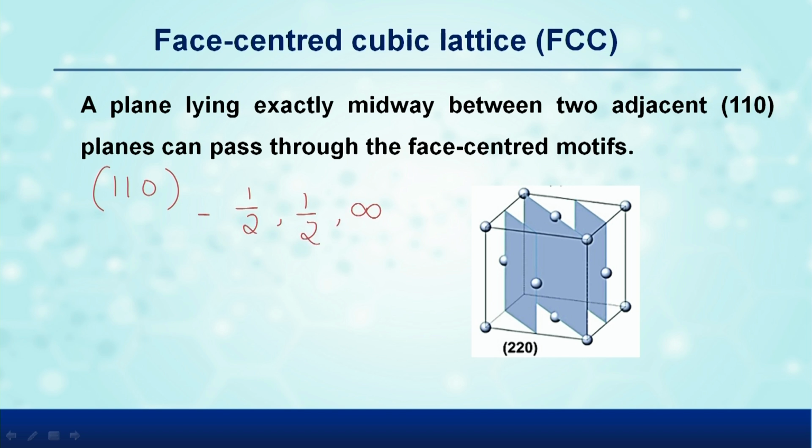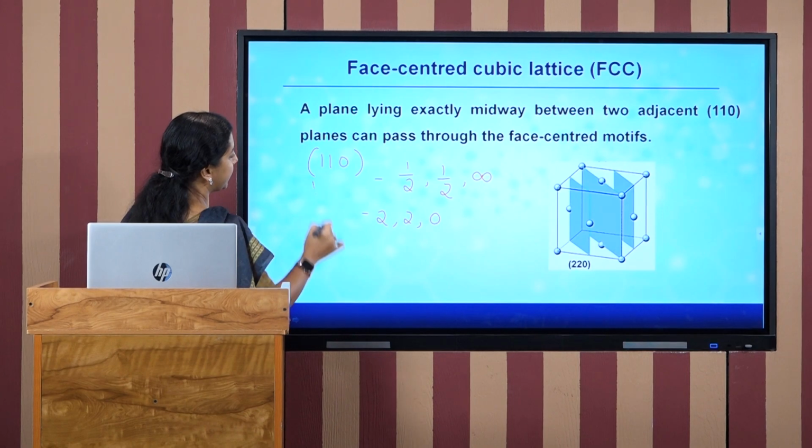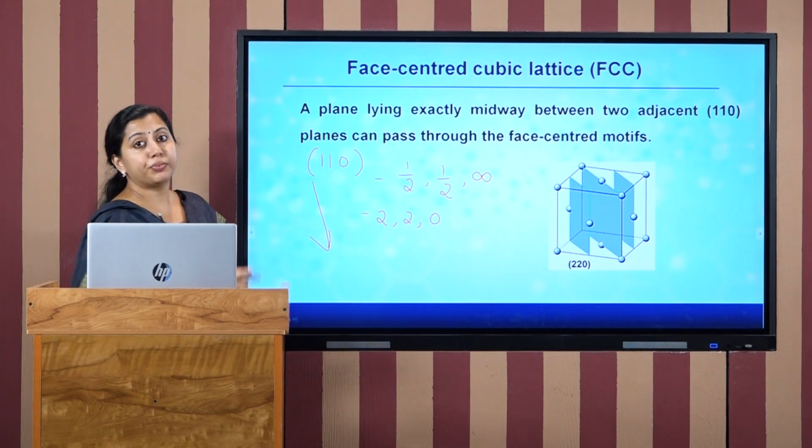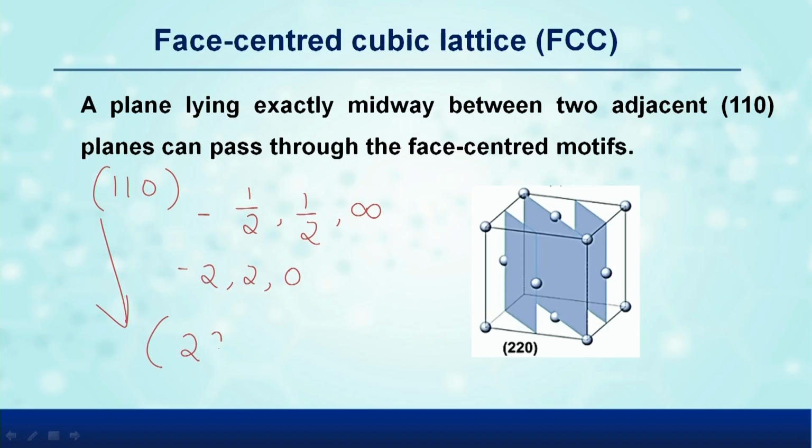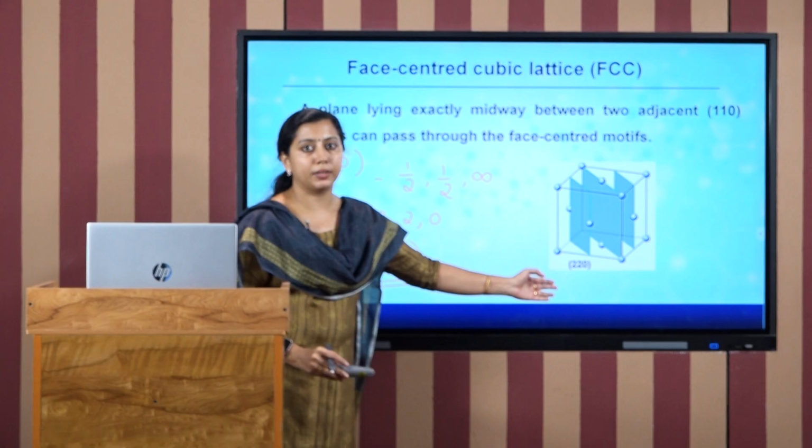So, what will be the Miller indices? That will be 2 2 0. So, the 1 1 0 plane, when it comes to a face centered cubic lattice, will become 2 2 0, and such a 2 2 0 plane is shown here.